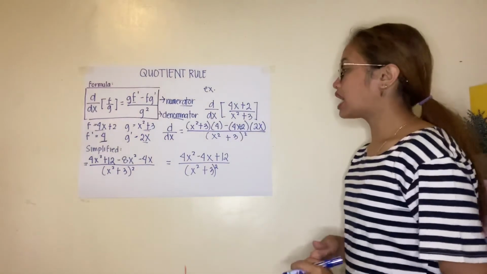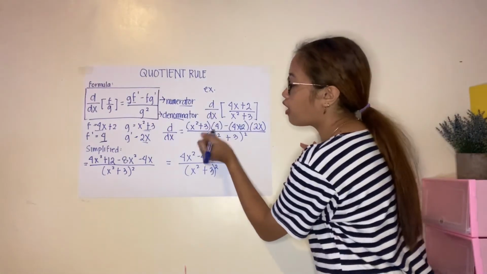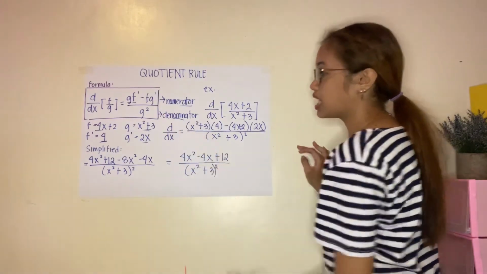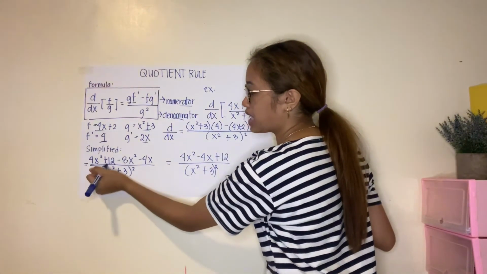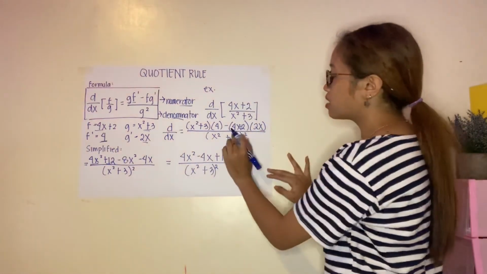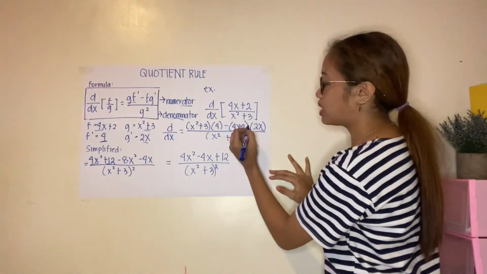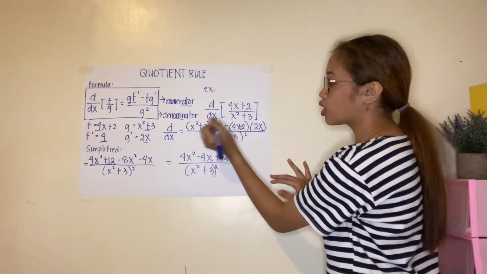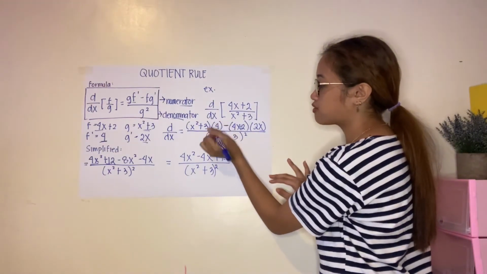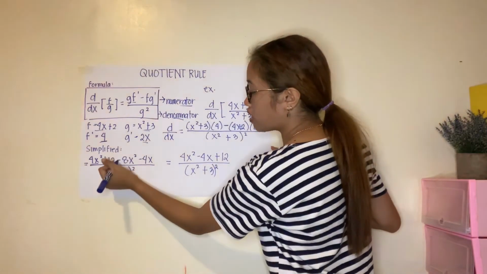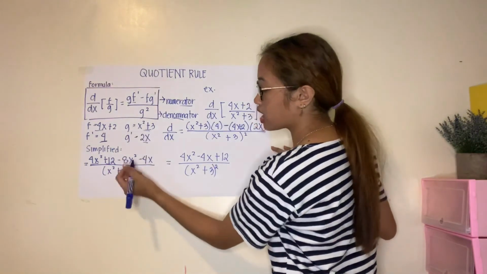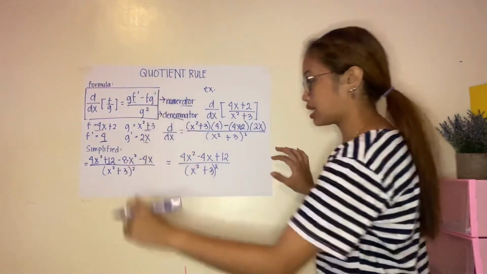To simplify it, we will multiply 4 to x squared plus 3. So it would be 4x squared plus 12, and 2x to 4x plus 2, with respect to the negative sign. So our answer would be negative 8x squared minus 4x.